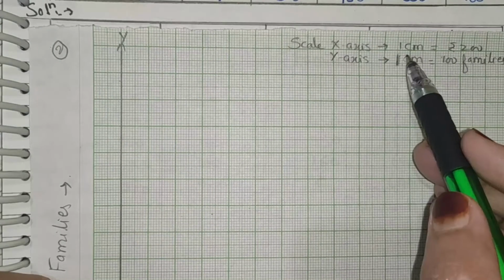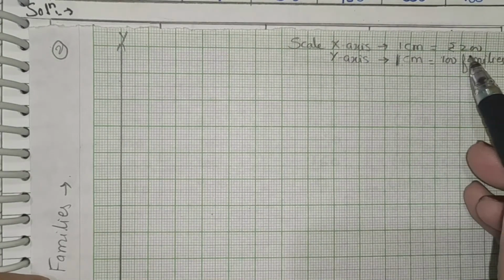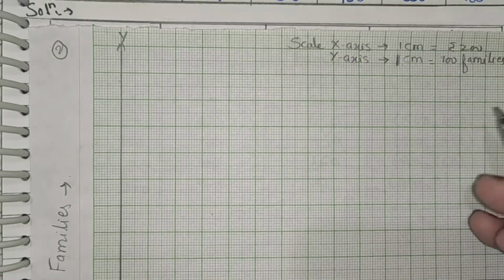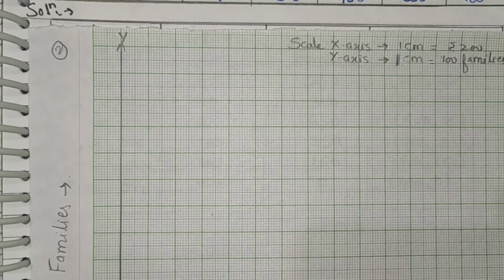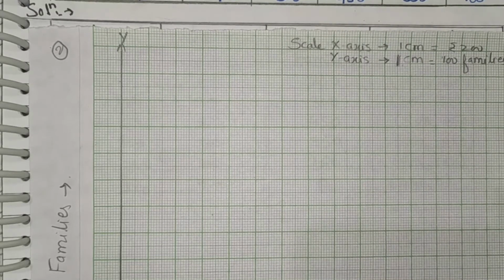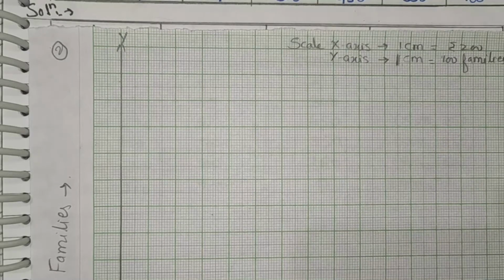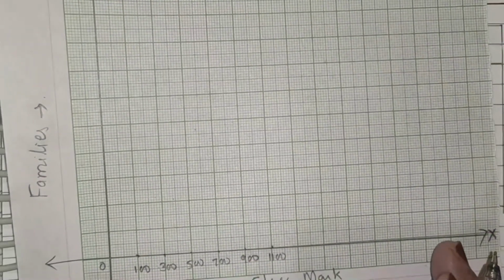Scale on x-axis 1 centimeter is equal to rupees 200. Therefore 100. Next class mark is 300. Next one is 500, 700 and 900, 1100. Write down here.